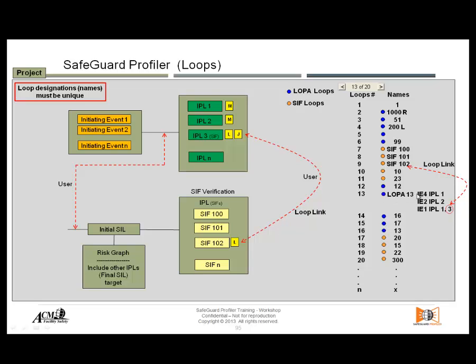So in initiating event 1, it is linked, or has a safeguard, in independent protection layer number 3 here. So it's linked to safety implemented function 102. That will be the third independent protection layer, after layers 1 and 2.